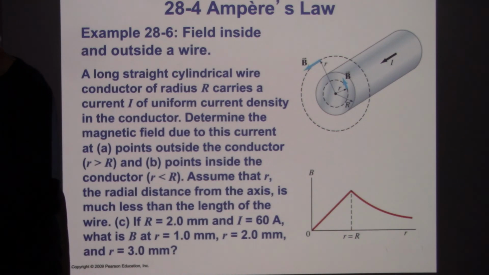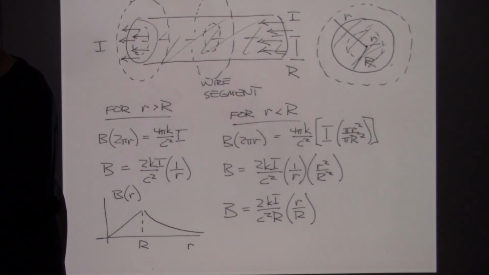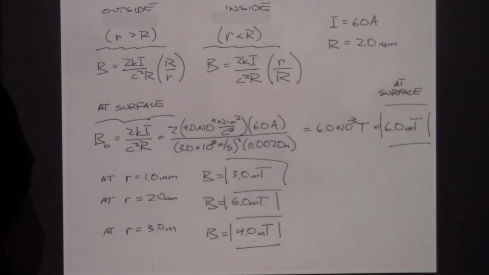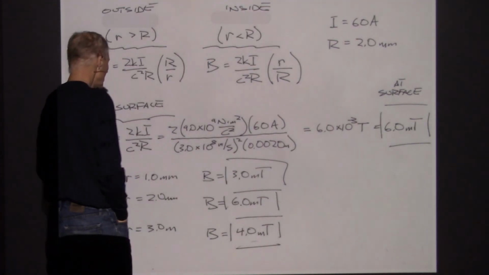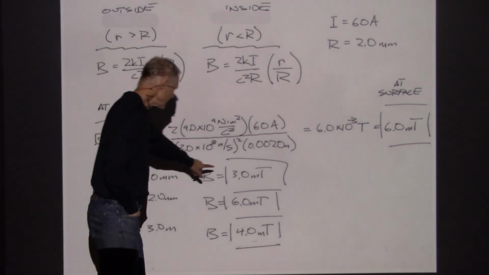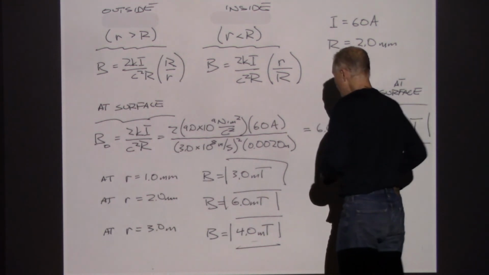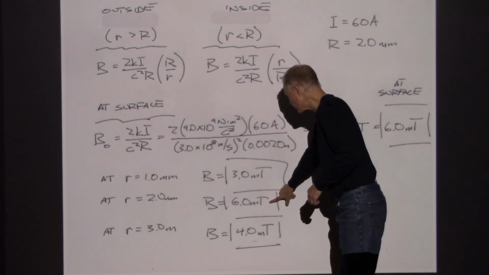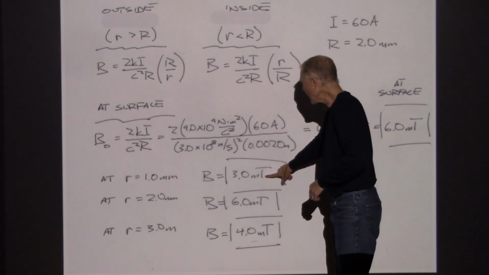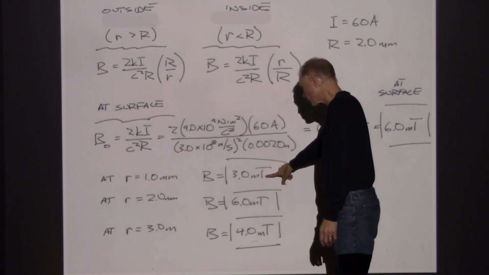The largest value is right at the surface. And then when I look at the formulas, inside, at the 1 millimeter mark, we're at half of the value. The surface is 6 millitesla. Halfway out, we're at half the magnetic field, 3.